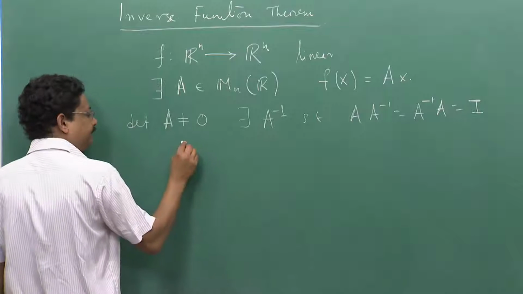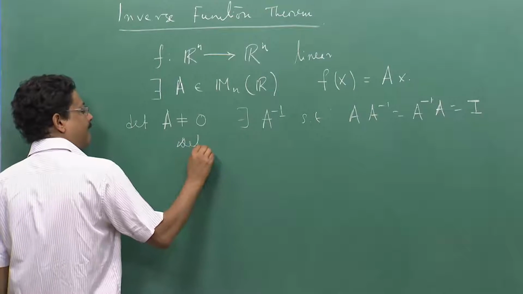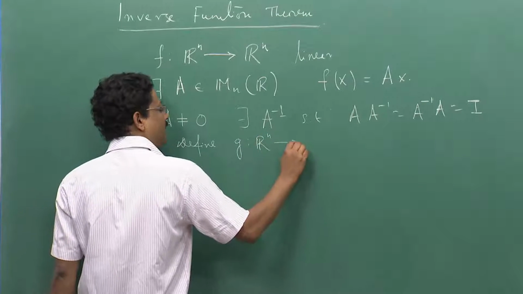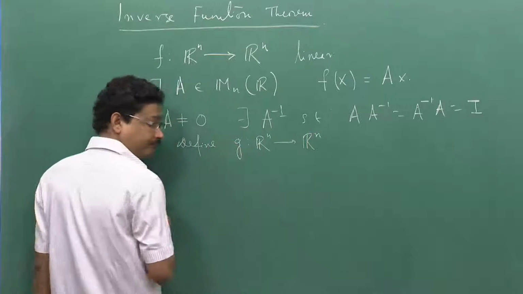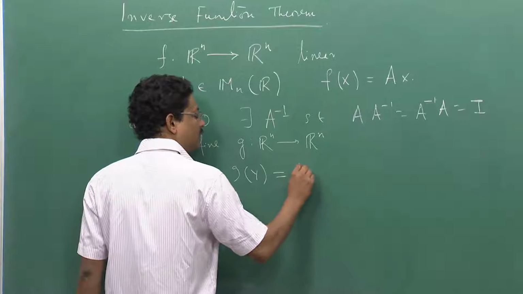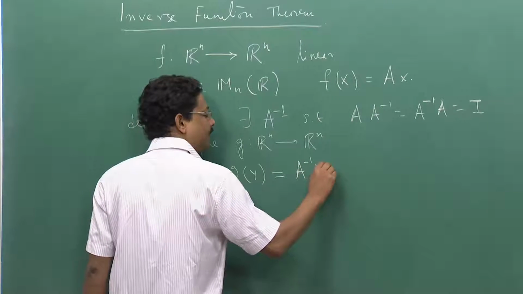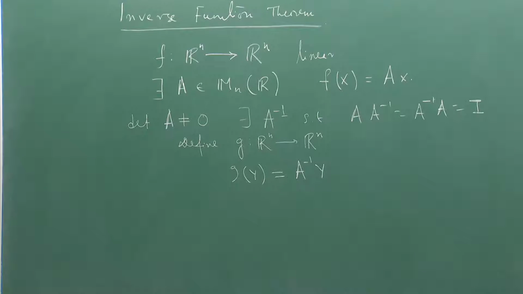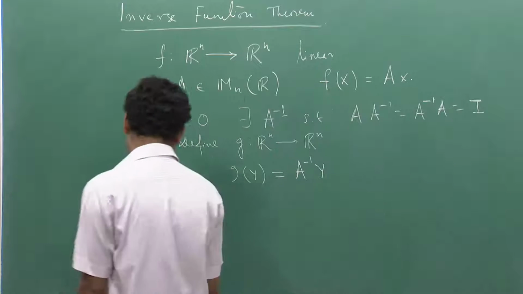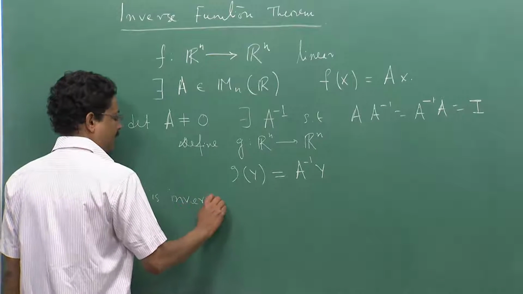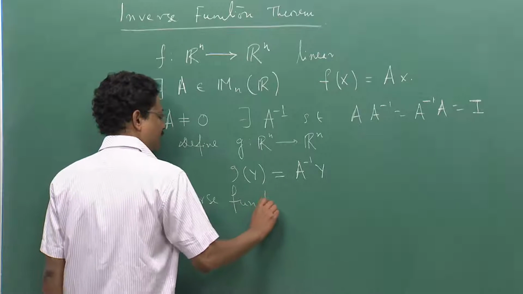Now, if I define g, another function from Rn to Rn, given by g of y equal to A inverse y, then this g is the functional inverse of f, the inverse function of f.